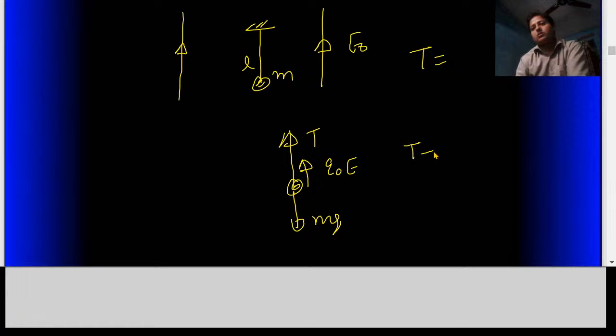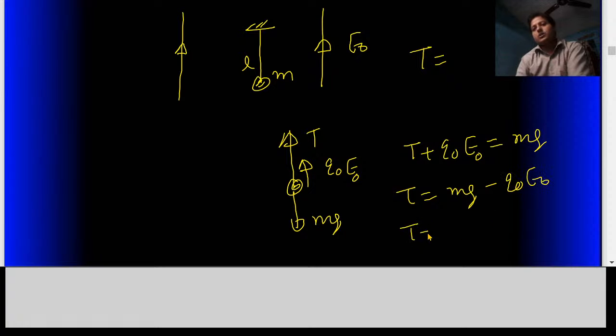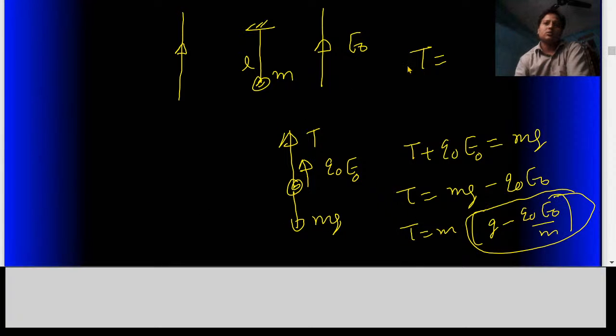So T plus q0 E0 is balanced by mg, and T equals mg minus q0 E0. Taking m common, g minus q0 E0 over m. This is our required effective acceleration. So time period comes out to be 2 pi under root L over g minus q0 E0 over m.